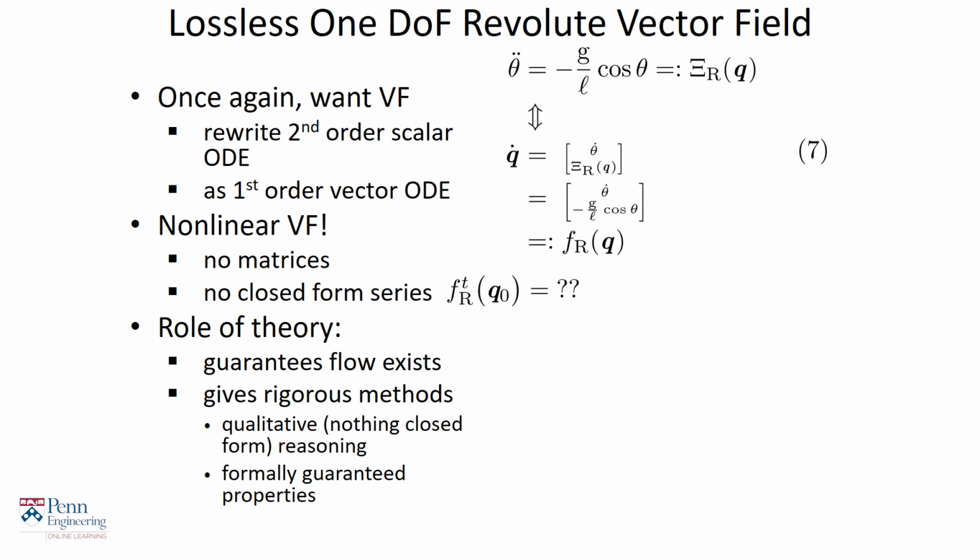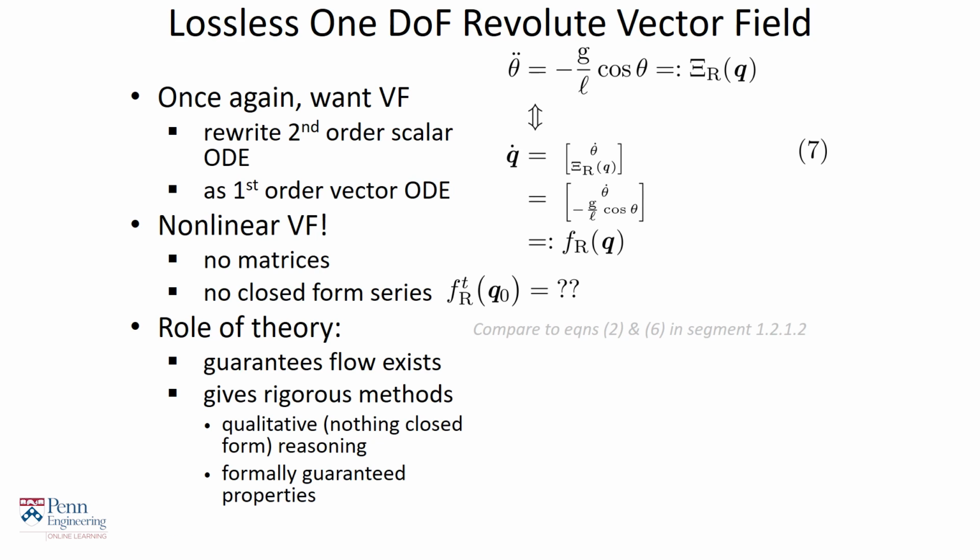And you'll remember that in this case, because the vector field is nonlinear, not only don't I have a matrix, I don't know how to write down in closed form the infinite series solution that I get for the flow induced by this vector field. Now, I can deduce that I will have a flow, that I'll get a certain kind of uniqueness and existence of solutions, but I don't know how to write it down in closed form as a function of time.